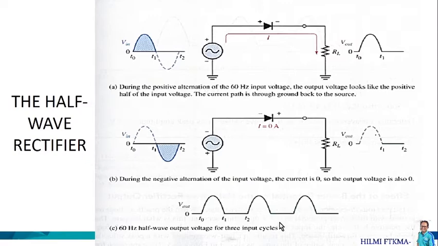The last image here shows a 60 Hz half wave output voltage for 3 input cycles. So we have the first input, the second input, and then the third input. Only the positive alternation is shown in the output voltage.